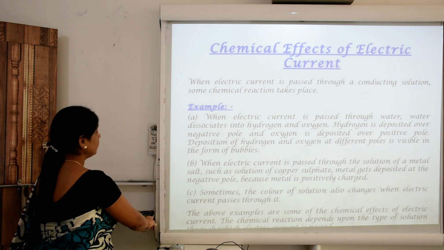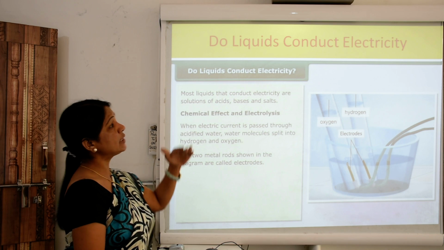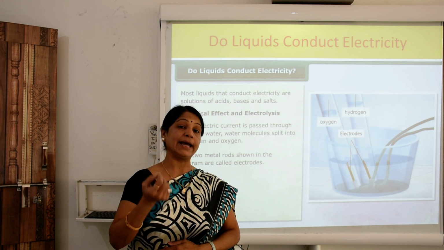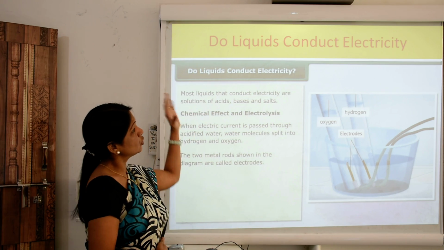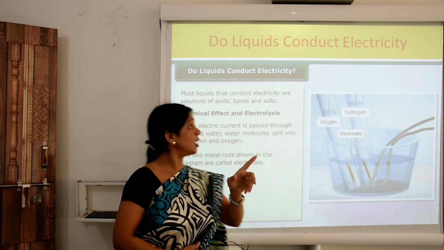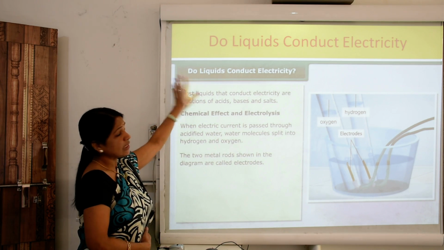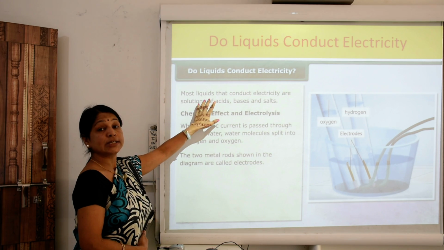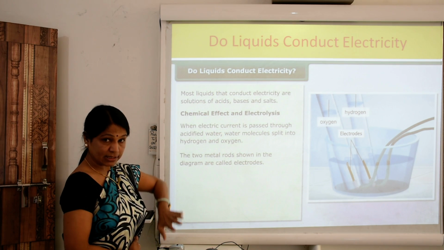Now let's see further: do liquids conduct electricity? Is it possible for any type of current to pass through any type of liquid? The answer is that most liquids conduct electricity.